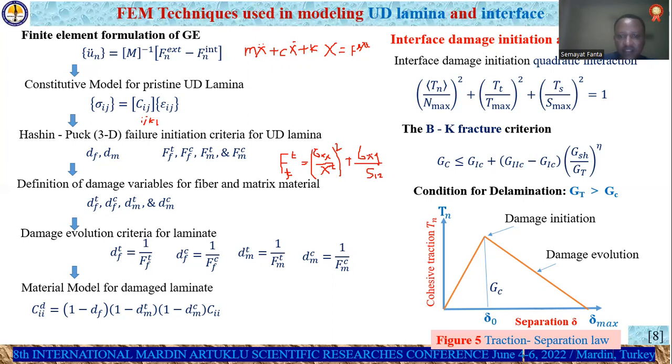Let me define this in terms of the direction, fiber direction parameters 1, 2. Okay, sigma 11, sigma 12, so this is squared, plus again sigma 13 over S13 squared. This is one of the Hashin failure criteria. If it is greater than or equal to 1, then the damage will initiate.